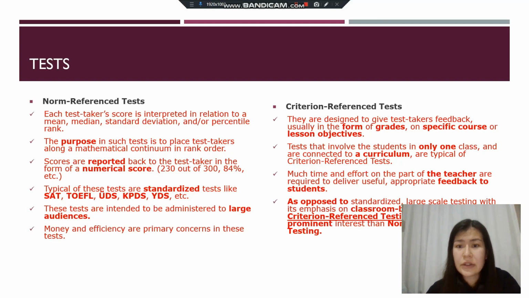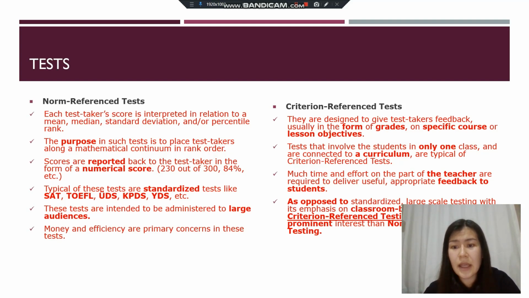On the other hand, criterion-referenced tests are designed to give test takers feedback, usually in the form of grades, on specific course or lesson objectives. Tests that involve the students in only one class and are connected to a curriculum are typical of criterion-referenced tests.